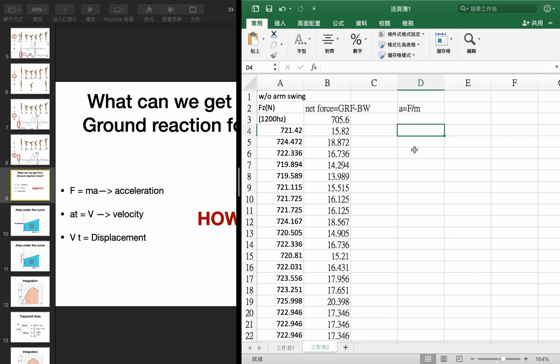So that'll be V4, divide by mass. And for mass, we're using kilograms. But for force, we use Newtons. So that's different. Okay, you get it? And double click on the black cross. You'll get it done for all the numbers here.